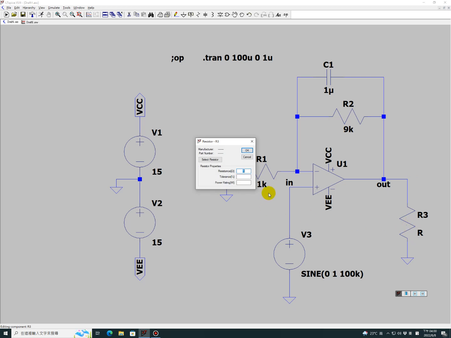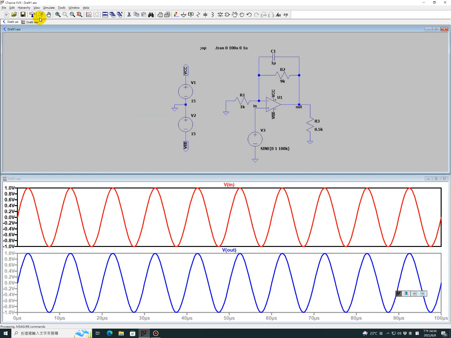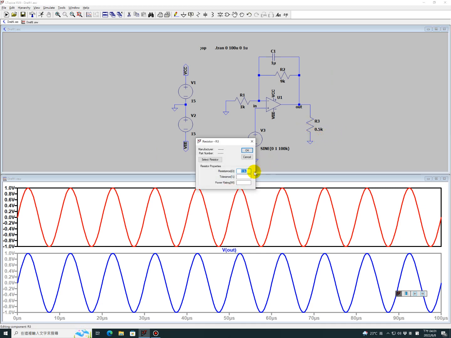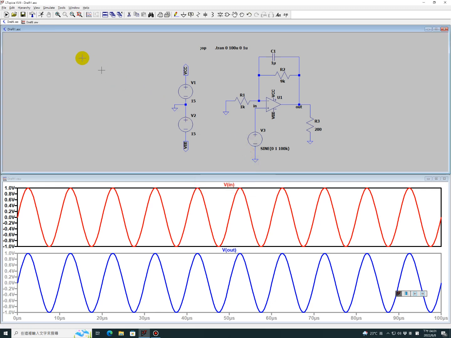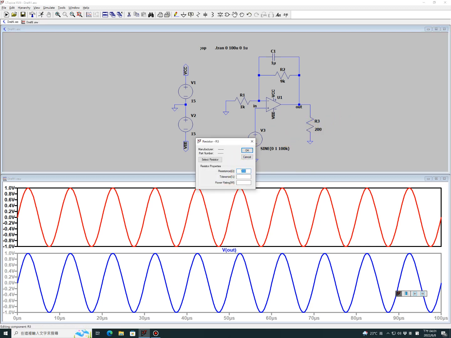So if I put 0.5K, then the output amplitude should be restricted. Okay, it's barely 2 milliamp. So if I keep going down, still here, keep going down, 100. Oh, because it's 1 volt, I'm sorry. So 1 volt, then it should be 10.